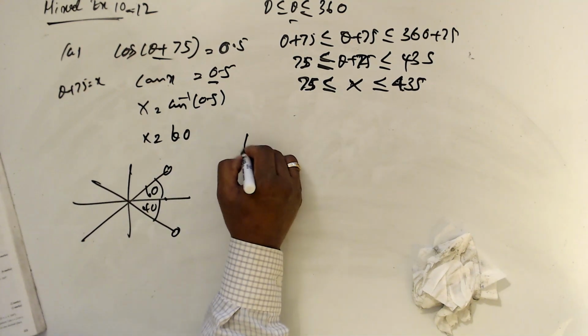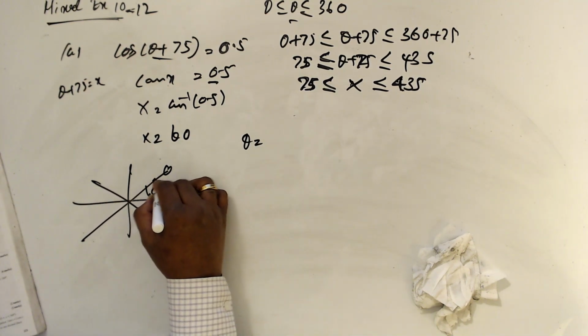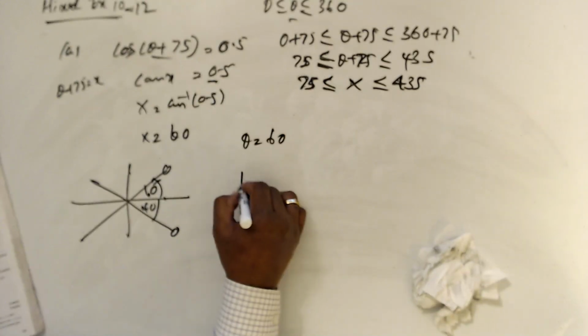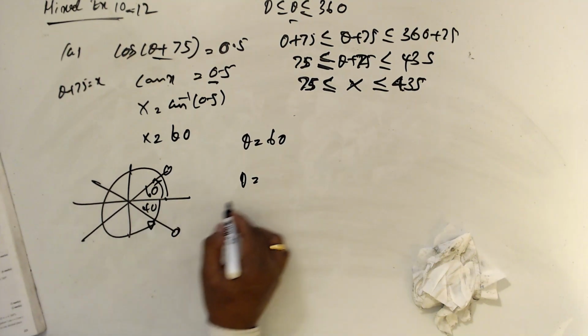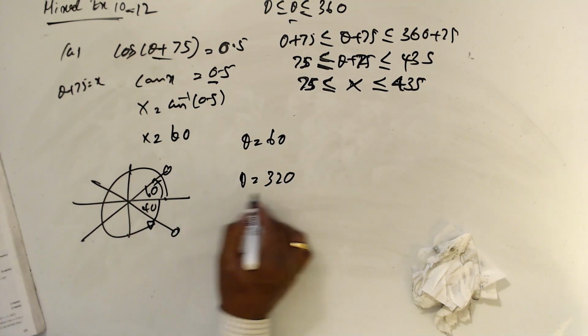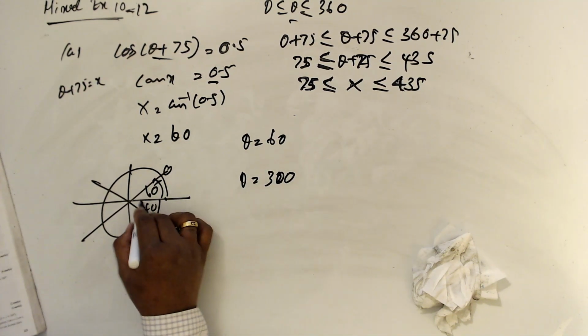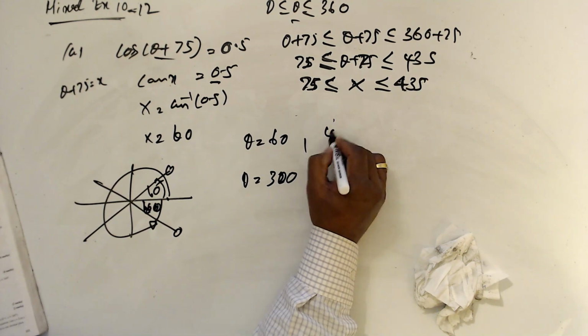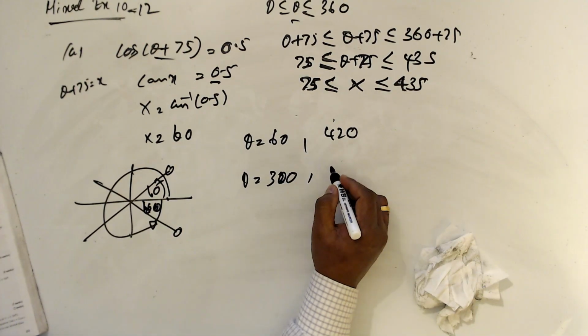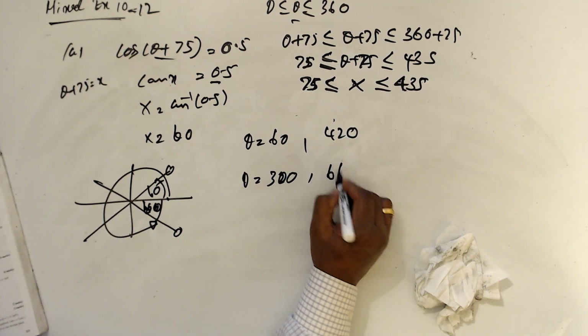So we start with x equals 60 and x equals 300. This is 60. Now the other one is 420. When we add 360 to 60, this is going to be 660.